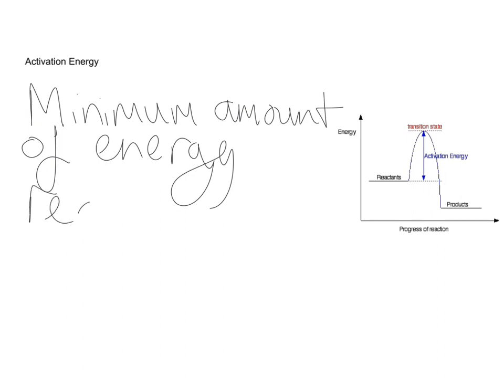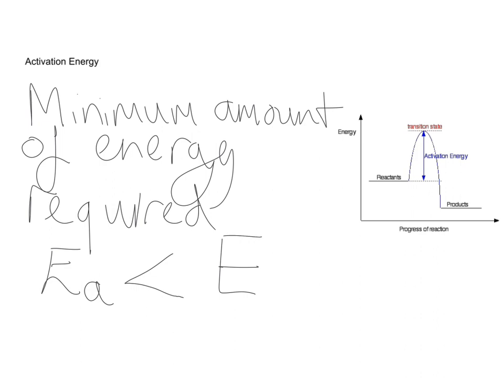Okay, so for a reaction to happen, they have to collide with at least this amount of energy. Okay, and we use the abbreviation EA. Okay, and so for a reaction to happen, the activation energy must be less than the energy of the particles when they collide.